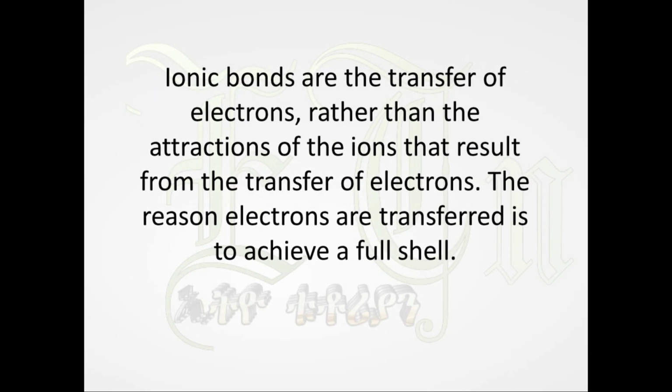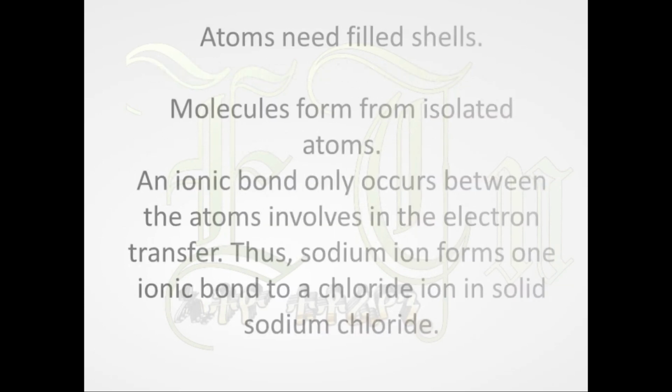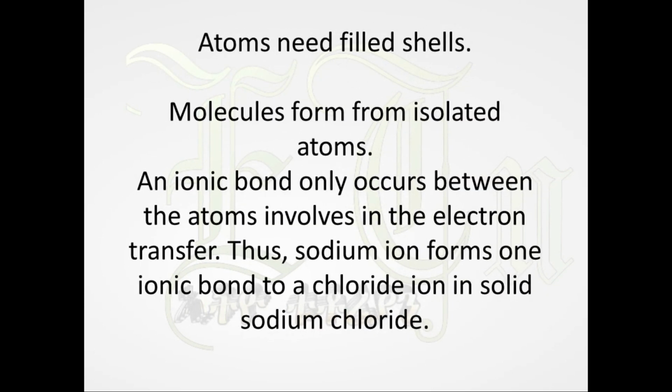Ionic bonds are the transfer of electrons, rather than the attractions of the ions that result from the transfer of electrons. The reason electrons are transferred is to achieve a full shell. Atoms need filled shells. Molecules form from isolated atoms.